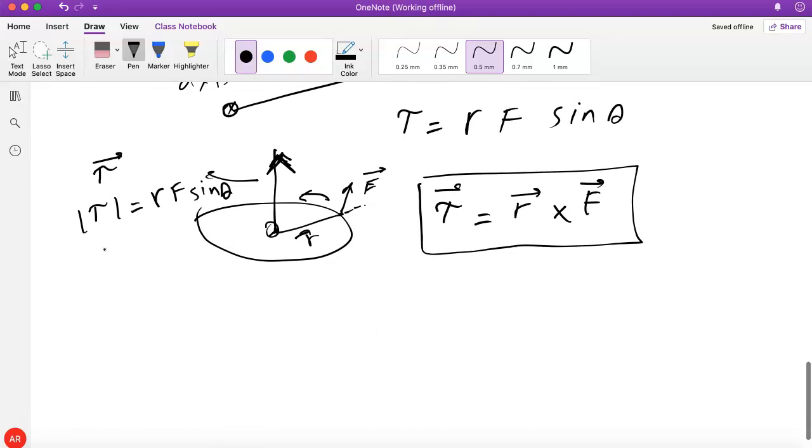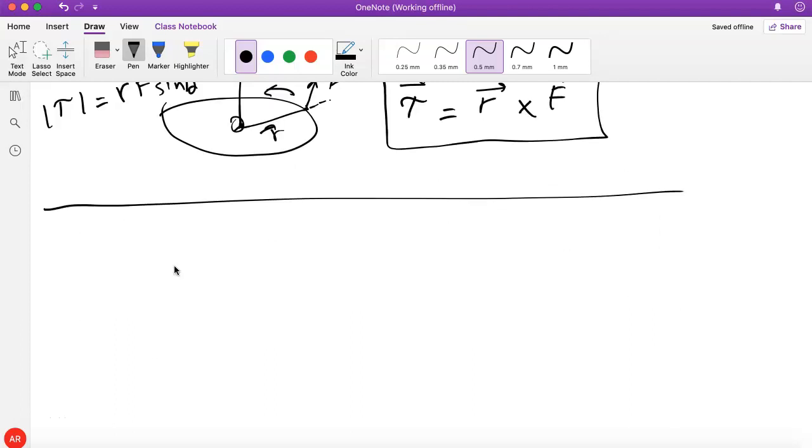This leads us to define the angular momentum vector. So let's consider, again, this is our axis, and let's consider a particle that's moving with some arbitrary velocity on this plane. So it's at position r, and let me draw the momentum vector, which is basically the velocity vector times its mass.